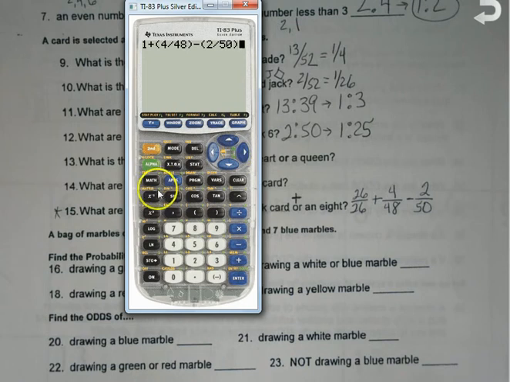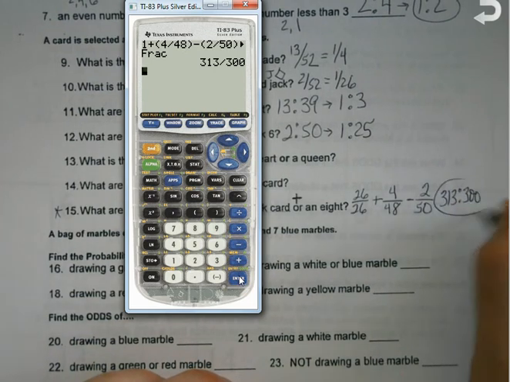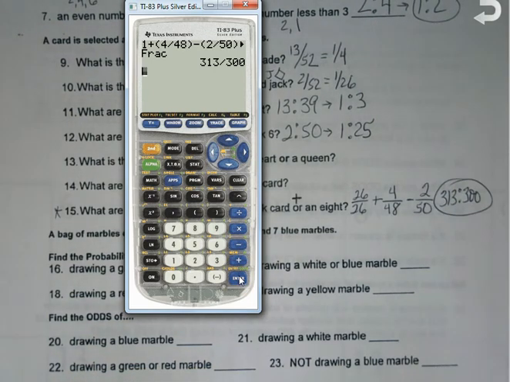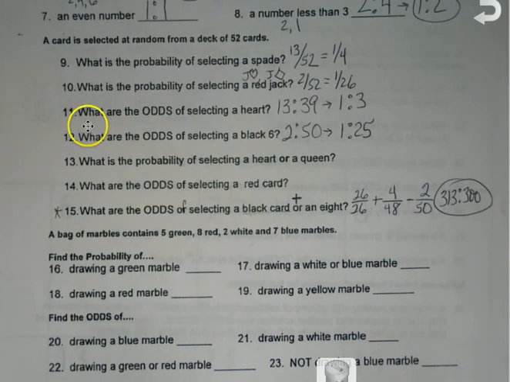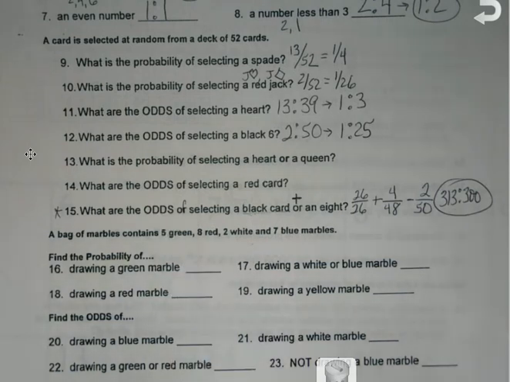Make sure we're right. So my odds would be 313 to 300. Now, if you left that as a fraction, I wouldn't mark it wrong. Again, it's just that the way we signify odds more often is going to be with the colon instead.